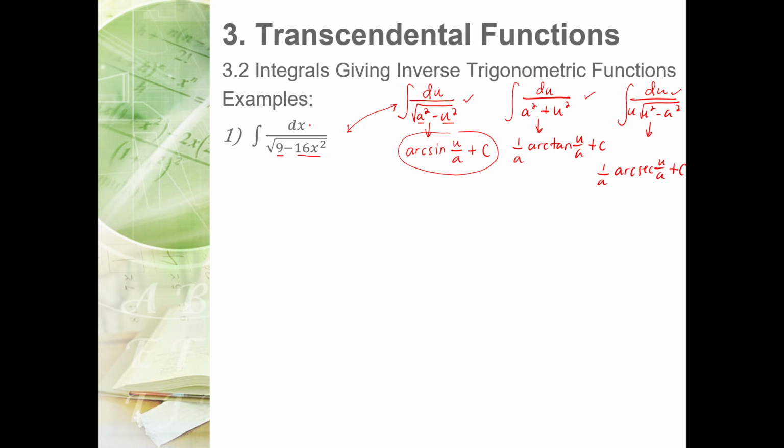Of course, we're not sure if your dx is equivalent to du, because your du might be du over 2, negative du, and so on. So let's declare first your constant: a squared is equal to 9, and your u squared is equal to 16x squared.